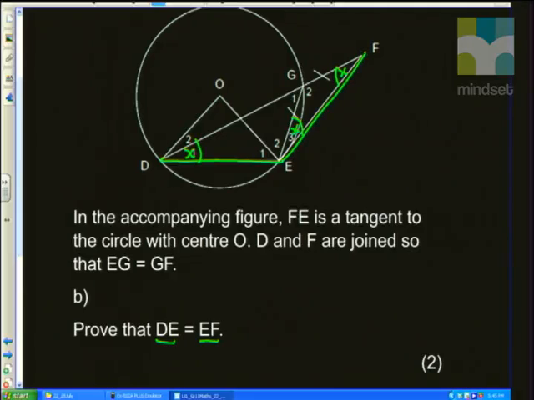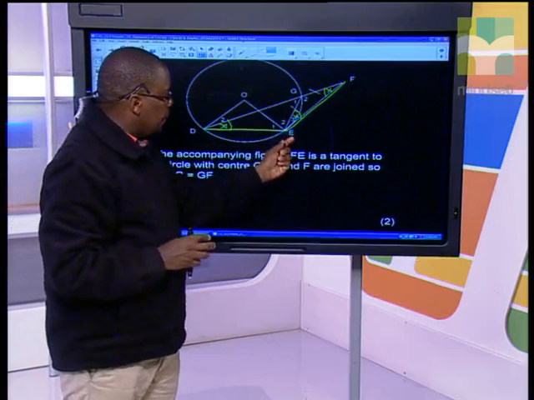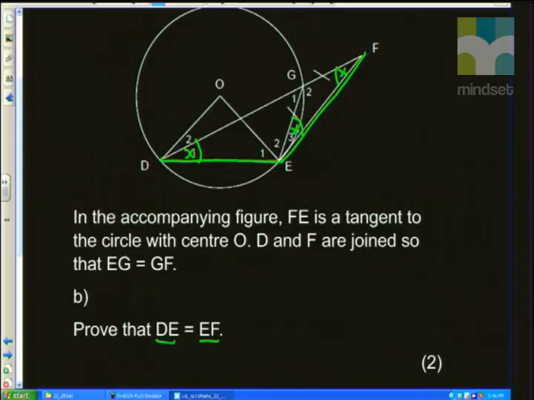Now, we need to show that EF equals DE, which will make that an isosceles triangle. But we already proved that D1 equals F, so therefore, this will be equal to that.